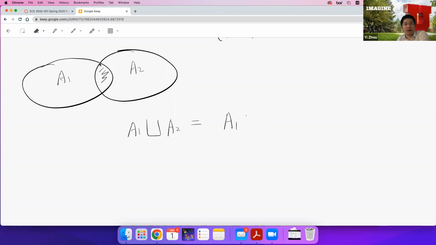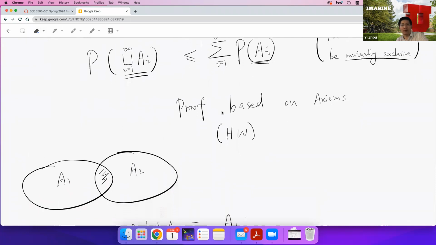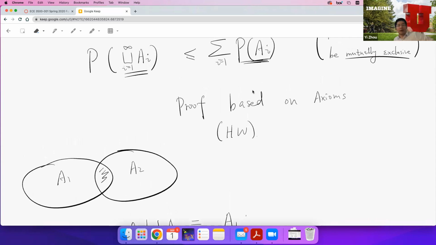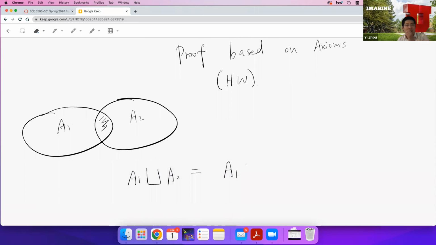I want to create a bunch of mutually exclusive events. How about this: A1 union, A2 subtracting A1 intersect A2.